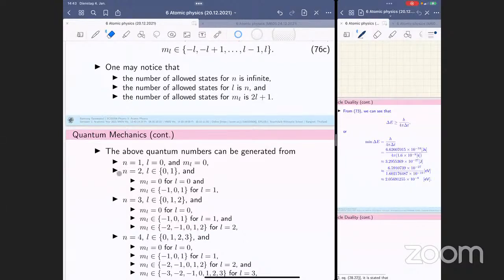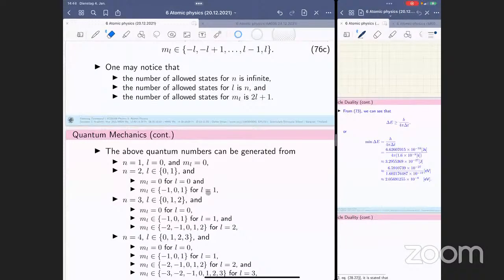For the case n equal to 2, you could have 2 possible values for L, and that's 0 and 1. ML equal to 0 and L equal to 0 is the first case. You cannot have any value apart from 0 for ML because your L is already 0.